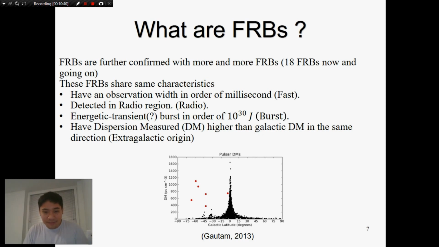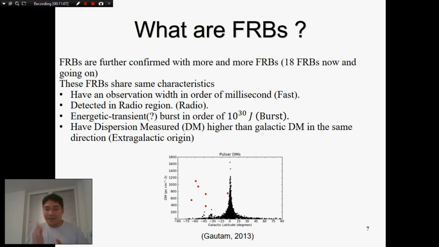How energetic is this event? About 10 to the power of 30 joules. Just to give you an idea, 10 to the power of 30 joules is equal to the Planck scale of the Big Bang, like not more than 1 second after the Big Bang.